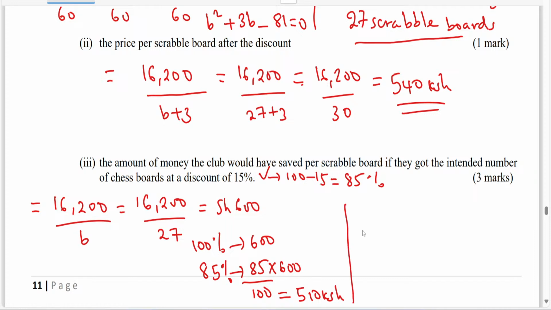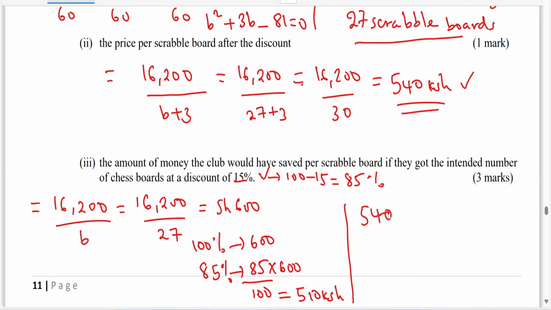So the amount he used was 540, but if he got it at a discount of 15%, so usually you take 540. But hapa swali yasema if they got the intended number of chessboards at the amount of money, si pa ile Scrabble board, but instead yote, pesa yote.